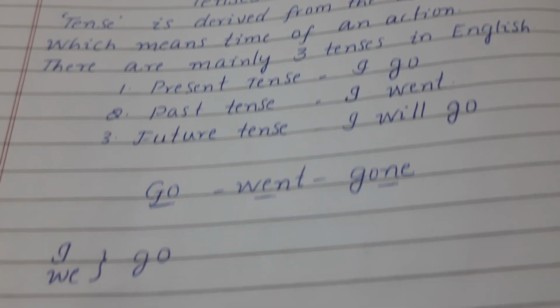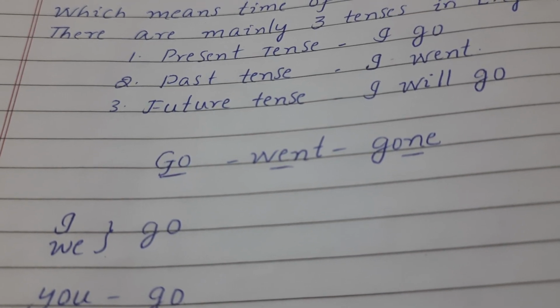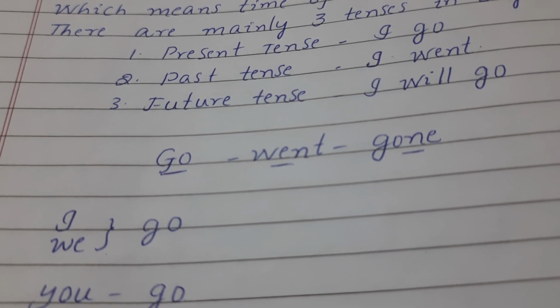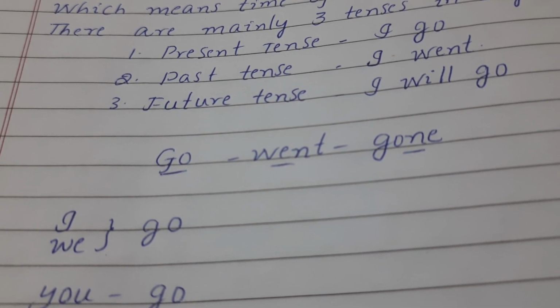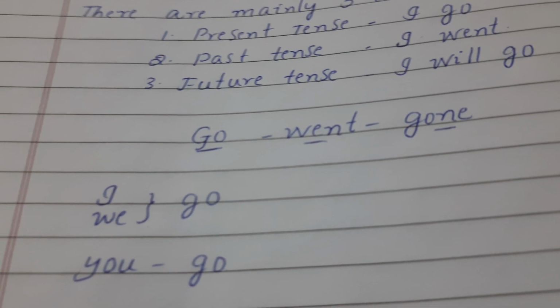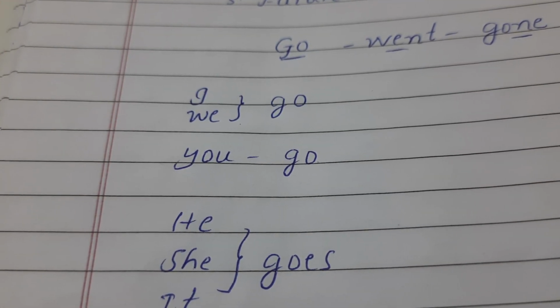Now let's see the three forms of the verbs: go, went, gone. Every verb has three forms. To describe an action, we have to use these verbs. Here pronouns are there: I, we.